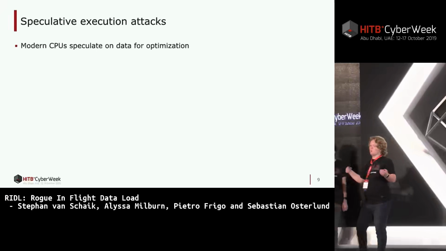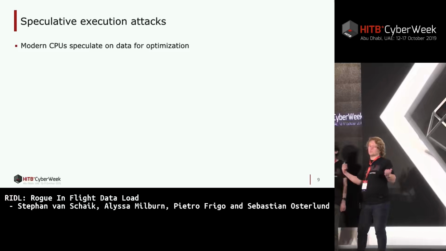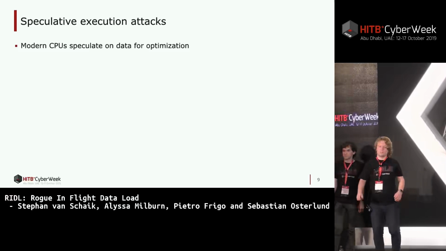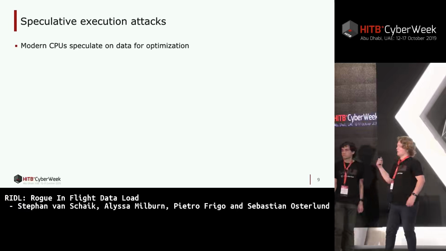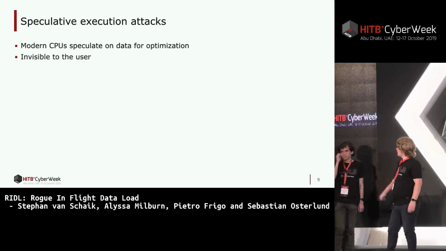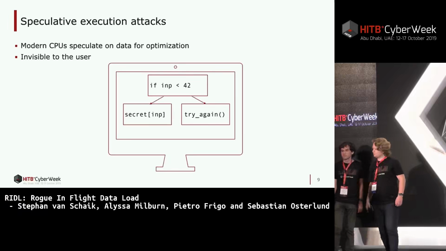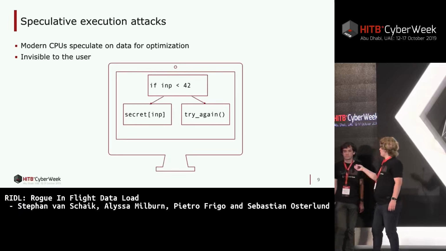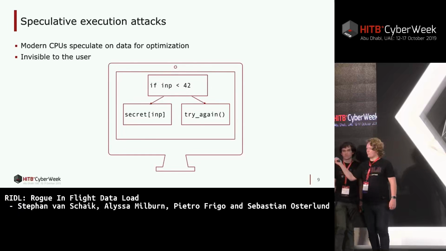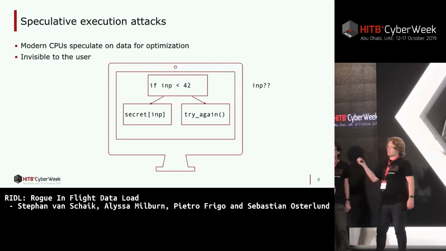Speculative execution is one of these optimizations in modern CPUs so that you can hide, for example, memory latency. And these optimizations should be invisible to the user. Typically, suppose you have a variable called imp here, for example user input, that has to be read from memory.